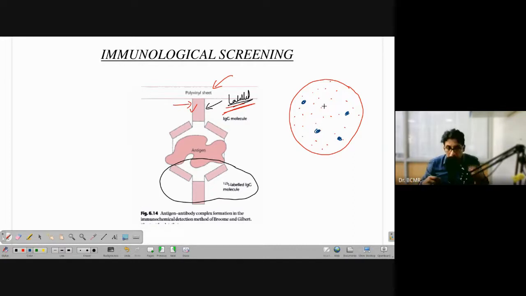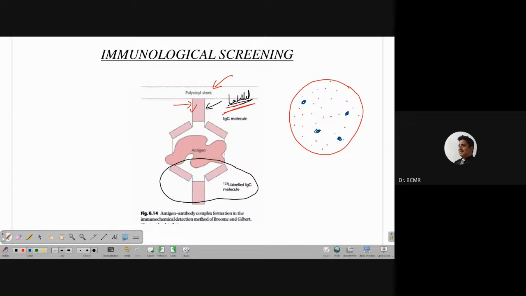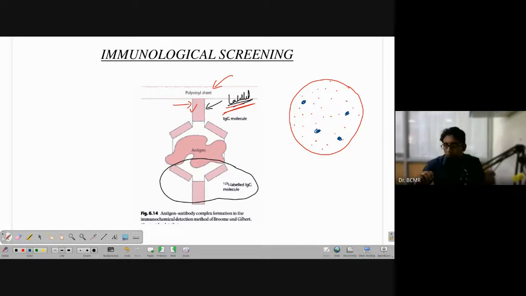When we have this antibody developed, again, wait a minute. Okay, sorry for the interruption.